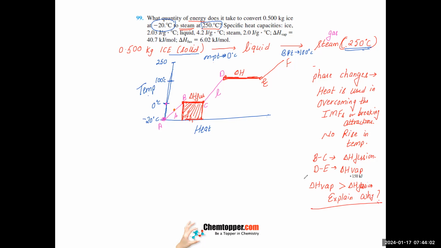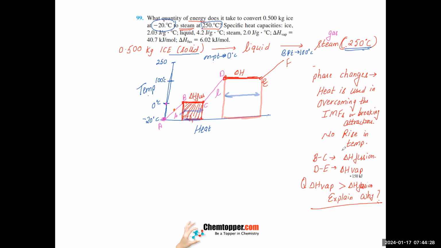Answer this question, children. So I'm trying to make my question more clear. This is my delta H of vaporization, this much heat. And this is the fusion. So you can see that vaporization is more than fusion. Why?